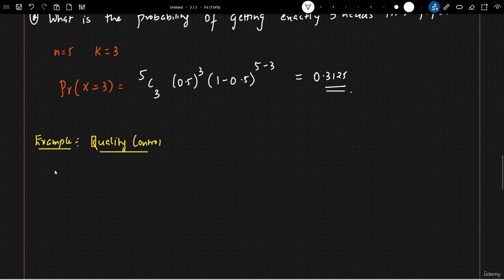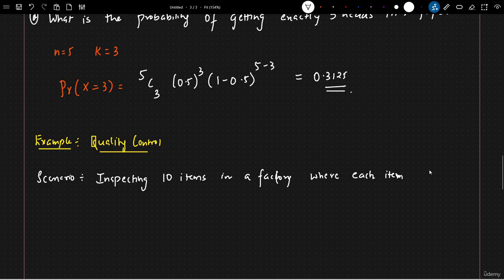So let's say I have a scenario inspecting 10 items in a factory, where each item has a 10% chance of being defective.